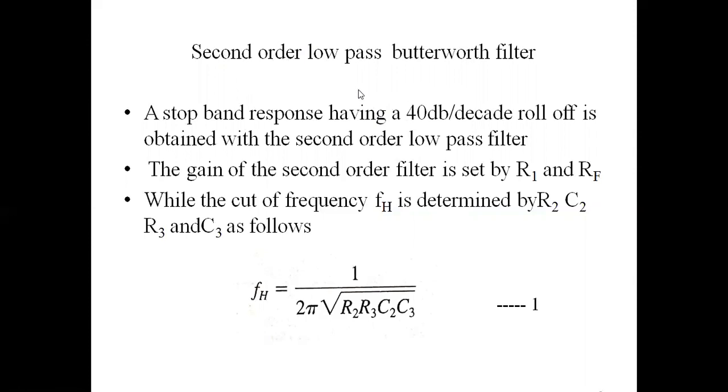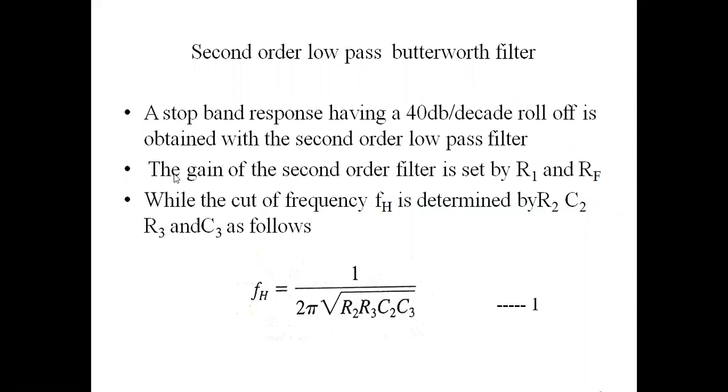In a similar way, how to define the second order low pass Butterworth filter, or simply the order of the filter. You can define the second order low pass Butterworth filter as one having a stop band response of 40 dB per decade roll off.